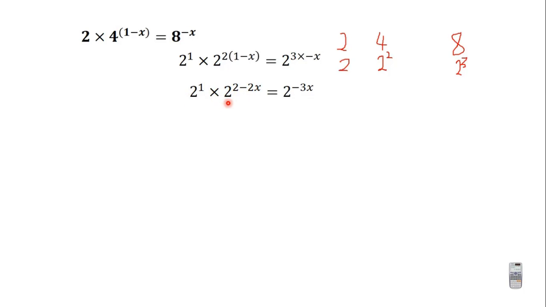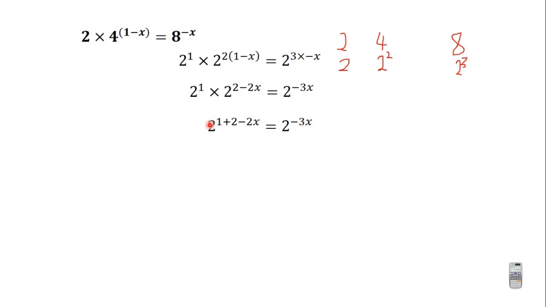They have the same base. They are multiplying. So you write one of the twos, then you add the exponents. So you have 2 exponent 1 plus 2 minus 2x is equal to 2 exponent minus 3x.